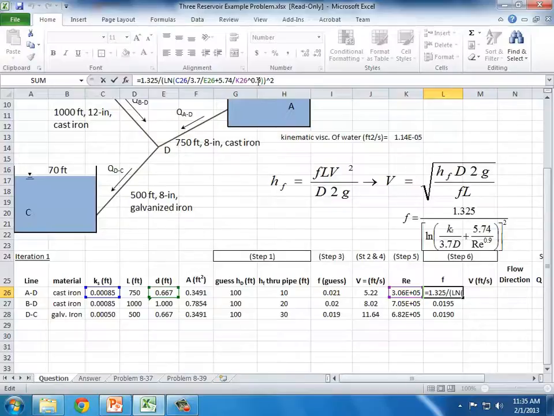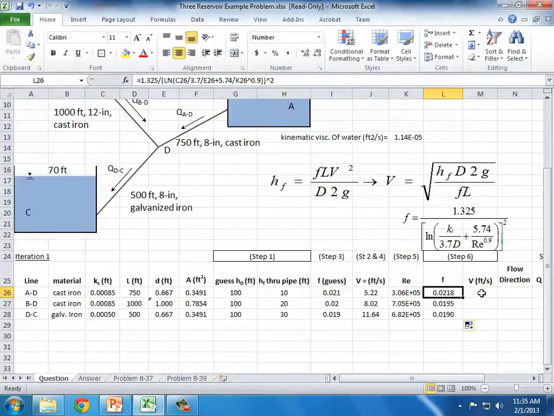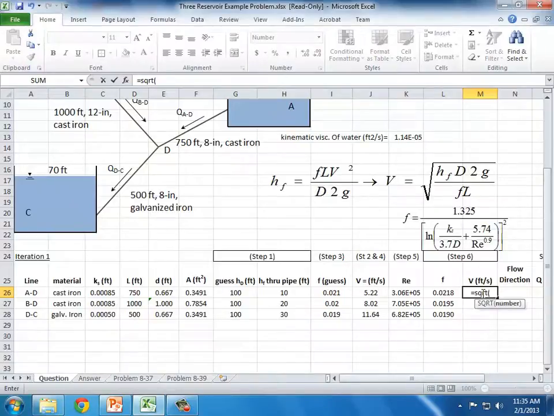Okay, so we're going to now find a new velocity using the same equation as before, still using the modified Darcy-Weisbach equation. Okay, so again, velocity is square root of h sub f. Hold on a minute.